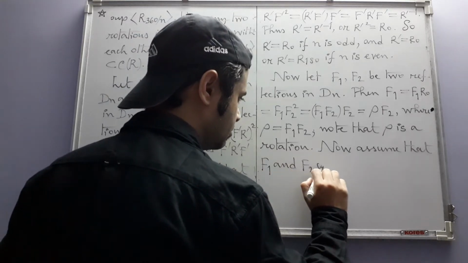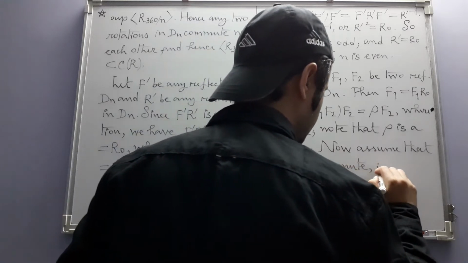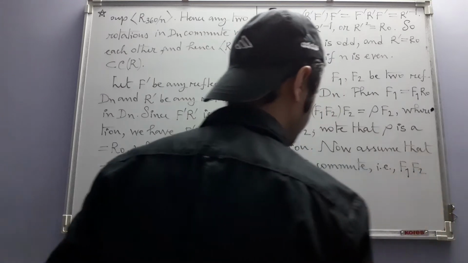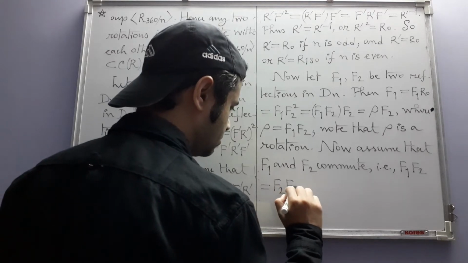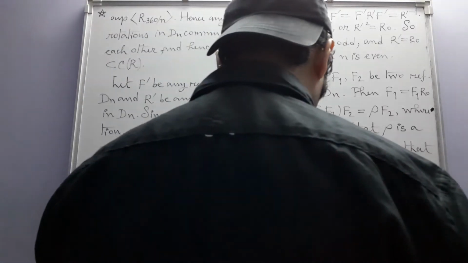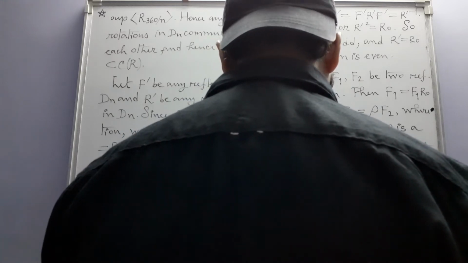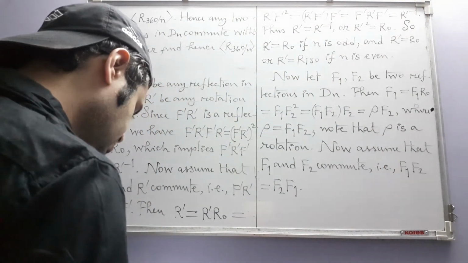F1 and F2 commute, that is F1 F2 is equal to F2 F1. Fine. Now from this we will get a condition on this rho, and that condition will be this.